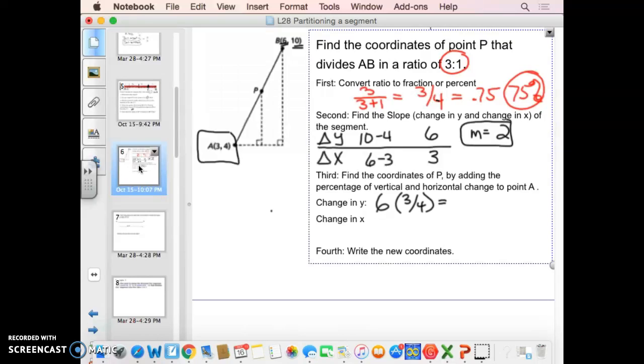And 6 times 3/4 is 18/4. And if you like decimals, it is 4.5. Now my change in x up here was 3. So I'm going to multiply 3 by 3/4, and that equals 9/4. And if you like decimals, which I personally do, that is 2.25.